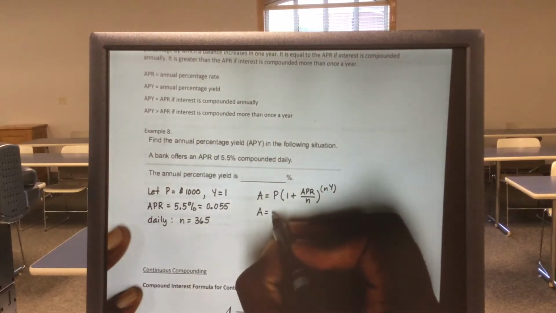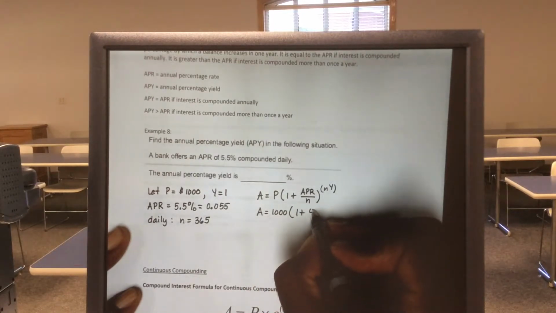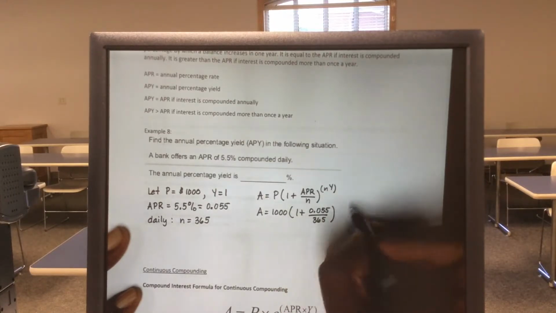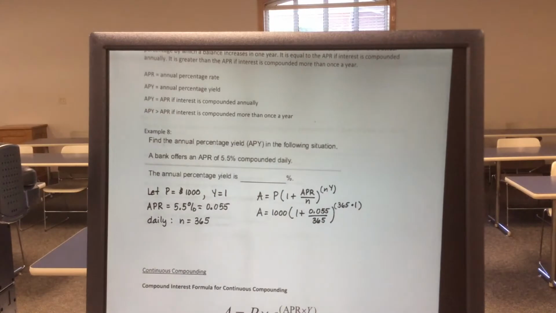Your P is 1,000 times 1 plus your APR of 0.055 divided by N, that's 365, and that's raised to the N times Y, 365 times 1. N is 365, Y is equal to 1.